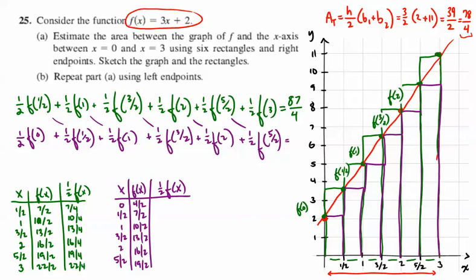When I multiply each of those by 1/2, I'm going to get 4/4, 7/4, 10/4, 13/4, 16/4, and 19/4. Now, when I add those all up, I end up with 69/4. And you can see that my actual was basically right in between the 69/4 and the 87/4.